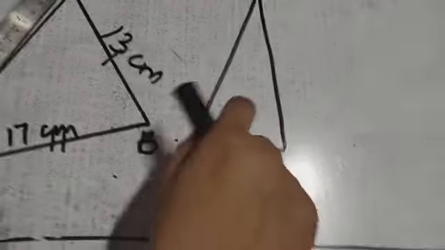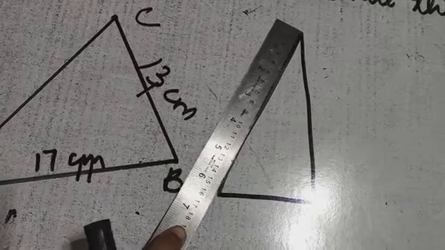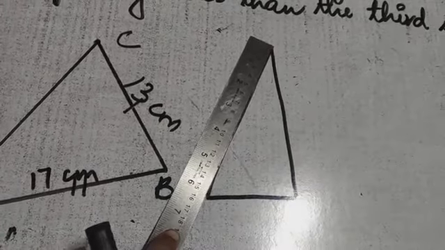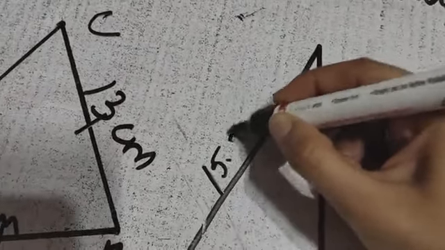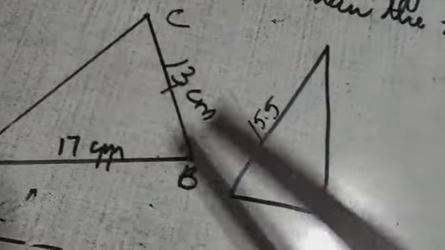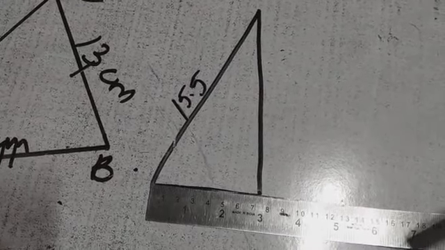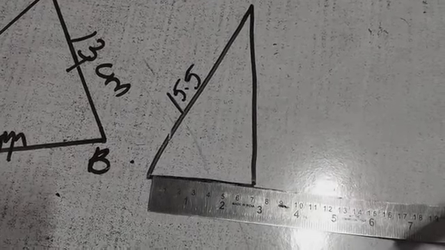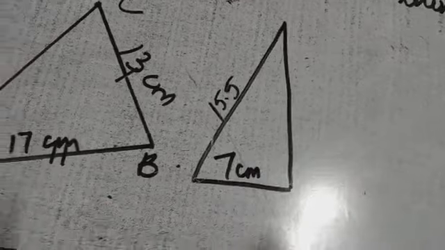Now let us see another example. We can measure this line. This is 15 and a half, means 15.5 centimeters. Now we measure this side. This is 7 centimeters.